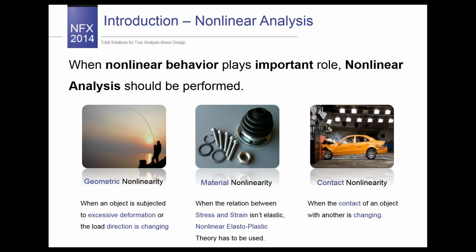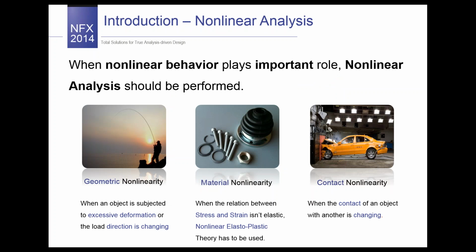So generally speaking, there are three factors which are causing the nonlinear behavior. For example, in static analysis, I'm saying static because today we are talking about static response. The first cause of nonlinearity is geometric nonlinearity, which we can observe when the object is subjected to excessive deformation, or for example, the load direction is changing.